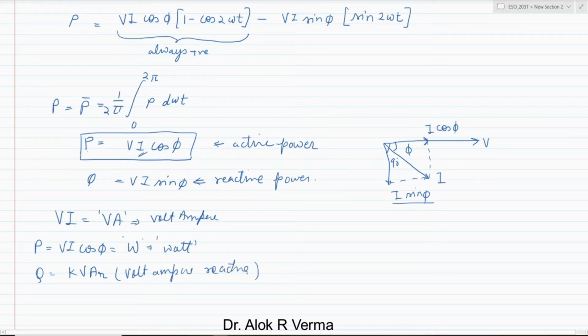This is also a kind of quantity which is measured in volt ampere reactives, or VAR. Okay, so volt ampere reactive. And the total power we can write from here: this is basically the P, Q, and then P plus jQ.